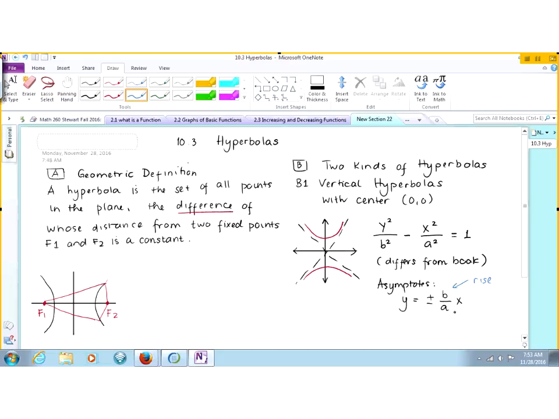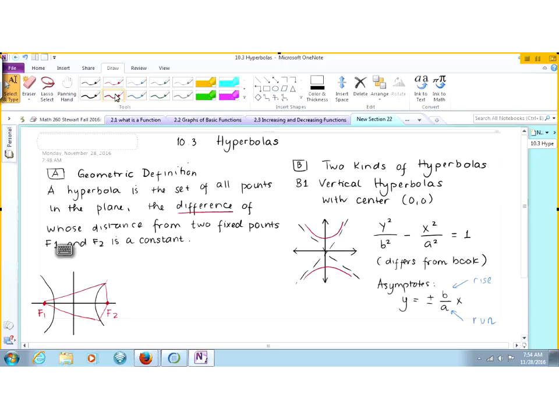Remember, this is rise over run, always rise over run. Which one is rise? Rise is whatever is below the y. Run is always whatever is below the x.